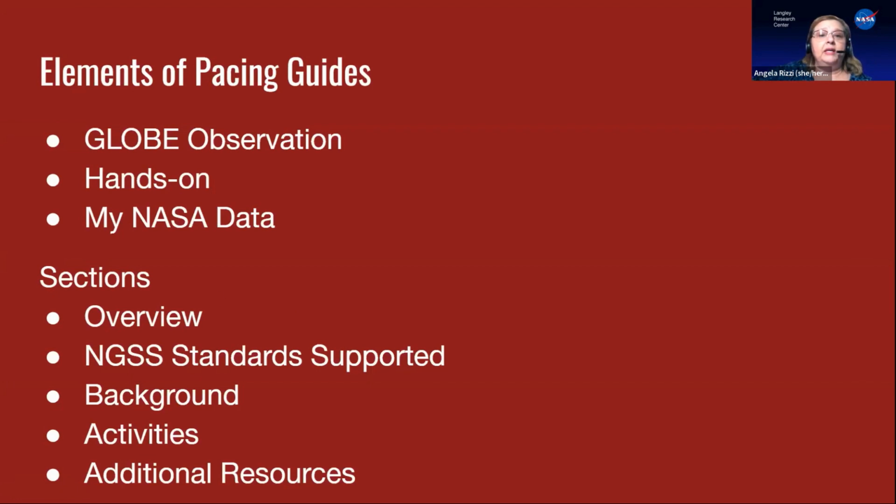So I'm going to turn my camera off just to make it easier to transition here between the slides. So all of our pacing guides have the same basic sections, okay? And they are also all written so that they involve at least one Globe observation.